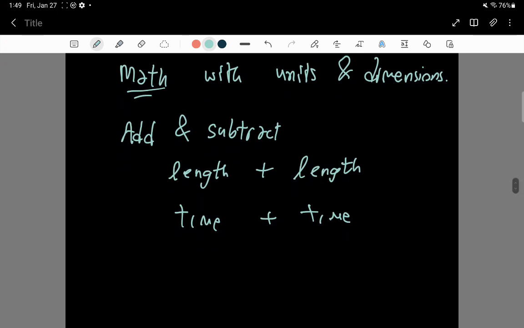It also makes sense to take a 2 kilogram object and put it together, or tape it to, or glue it to a 1 kilogram object. And we can definitely imagine this as being 3 kilograms of material, right? So dimensions and units, you can add them and subtract them only if you are only working within one dimension.